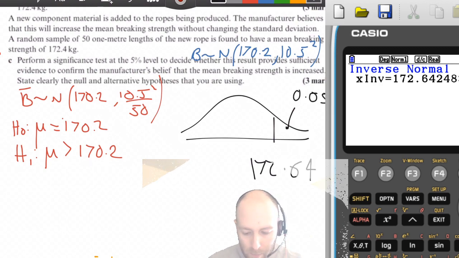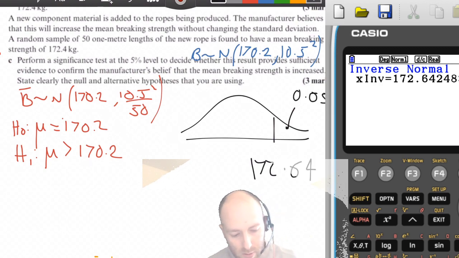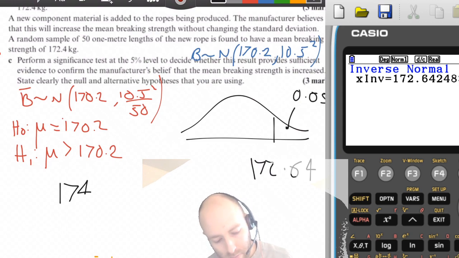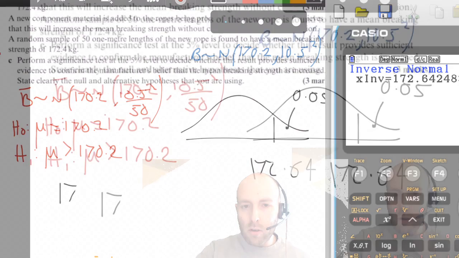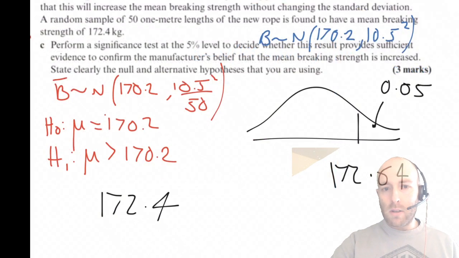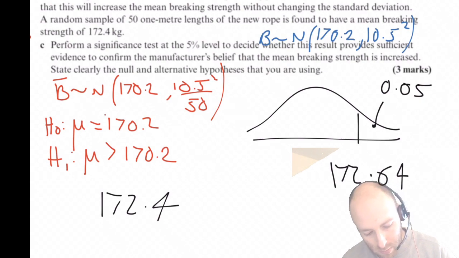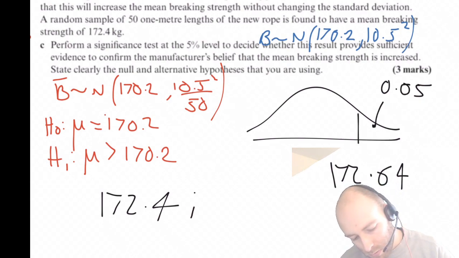Okay, so our value 172.4 is not critical. It's just outside of the critical region by about 0.2. So yeah, it's not in the critical region.